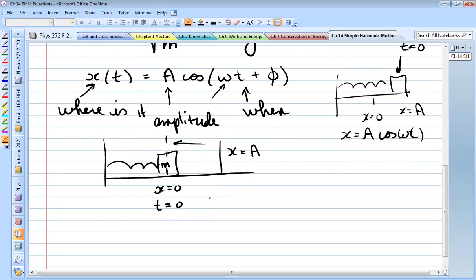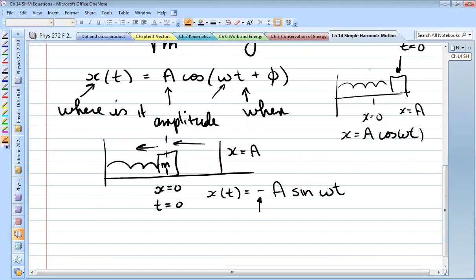You're 90 degrees out of phase now, so this function would be a sine function. In fact, it would be a negative sine function because you're going left. And when t equals 0, x equals 0. But as t gets bigger, if I'm going left, then I need this negative sign.